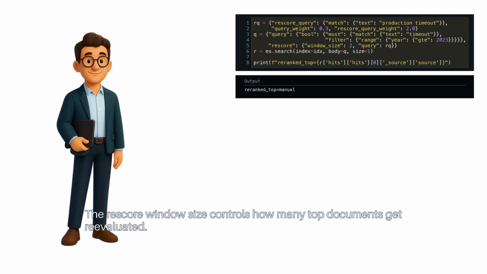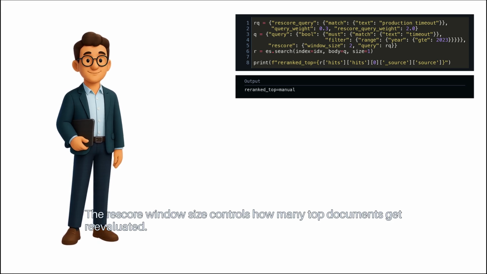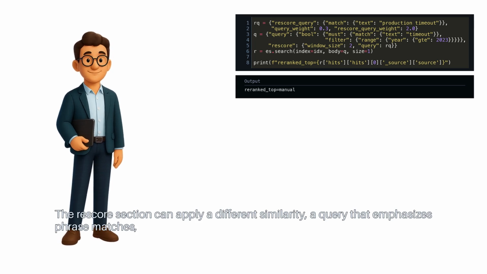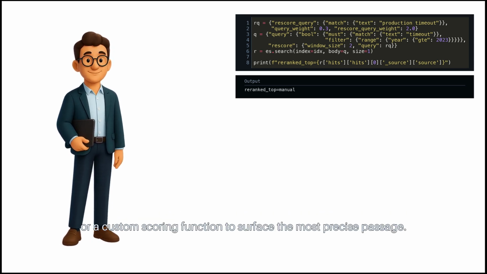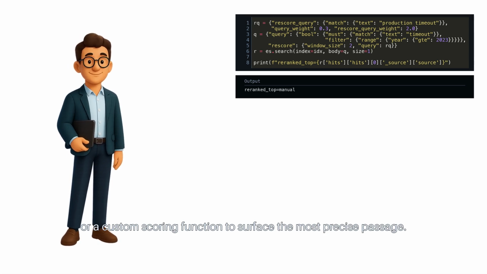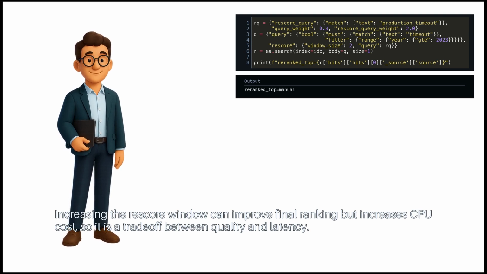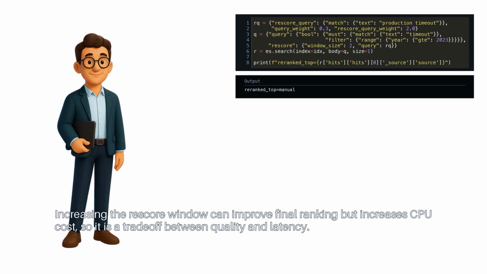The rescore window size controls how many top documents get reevaluated. The rescore section can apply a different similarity, a query that emphasizes phrase matches, or a custom scoring function to surface the most precise passage. Increasing the rescore window can improve final ranking, but increases CPU cost. So it is a trade-off between quality and latency.